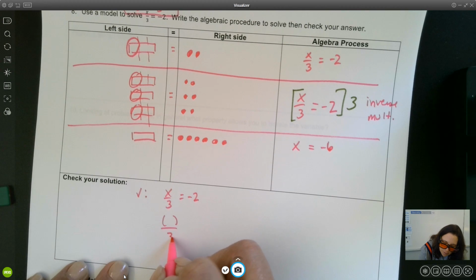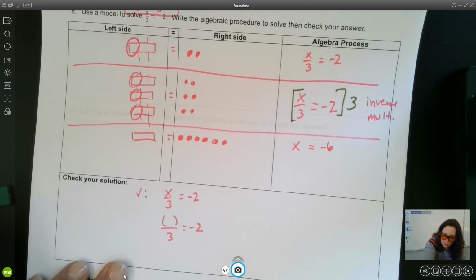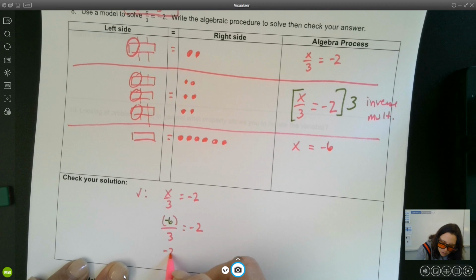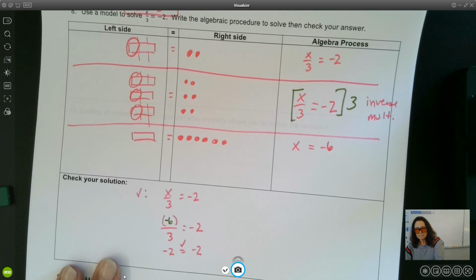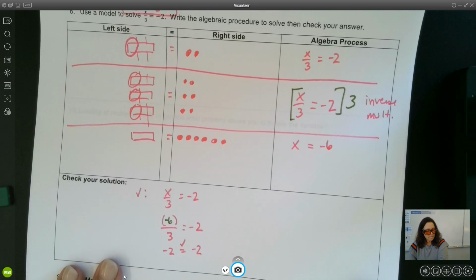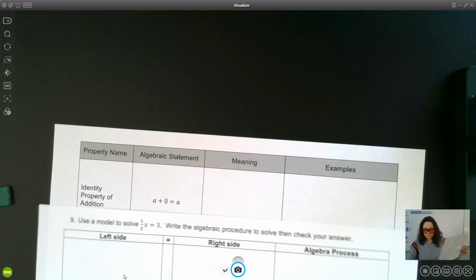This time I've got parentheses over 3 equals -2. I'm going to tuck in this -6 up here. What's -6 divided by 3? -2. Bring down this -2. Is -2 equal to -2? Yes, sirree, Bob.